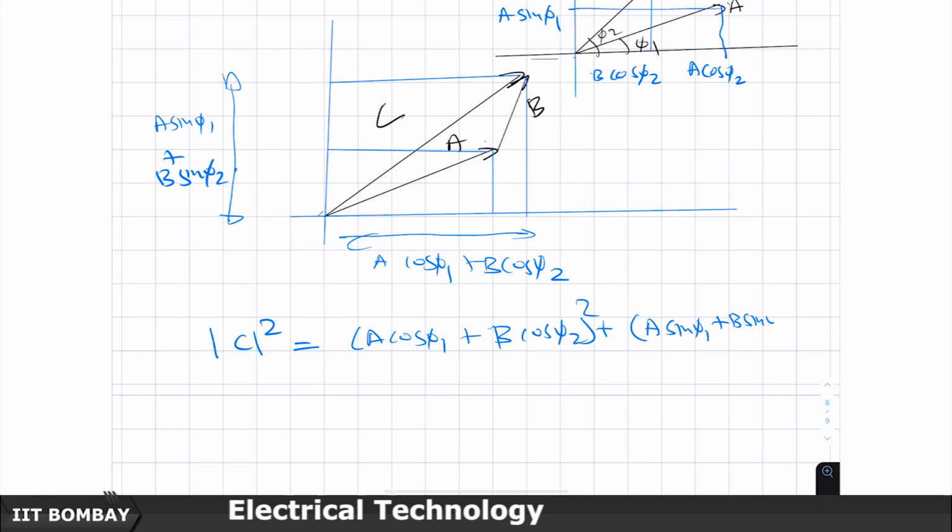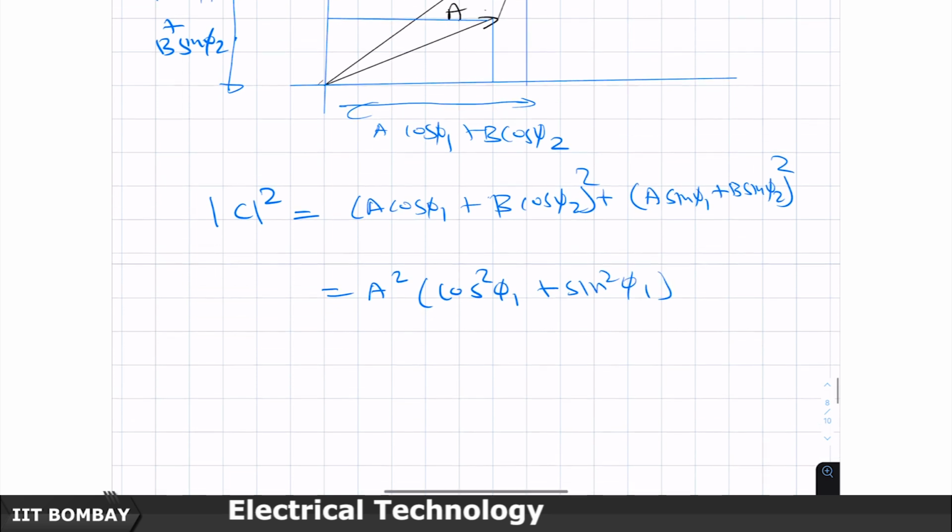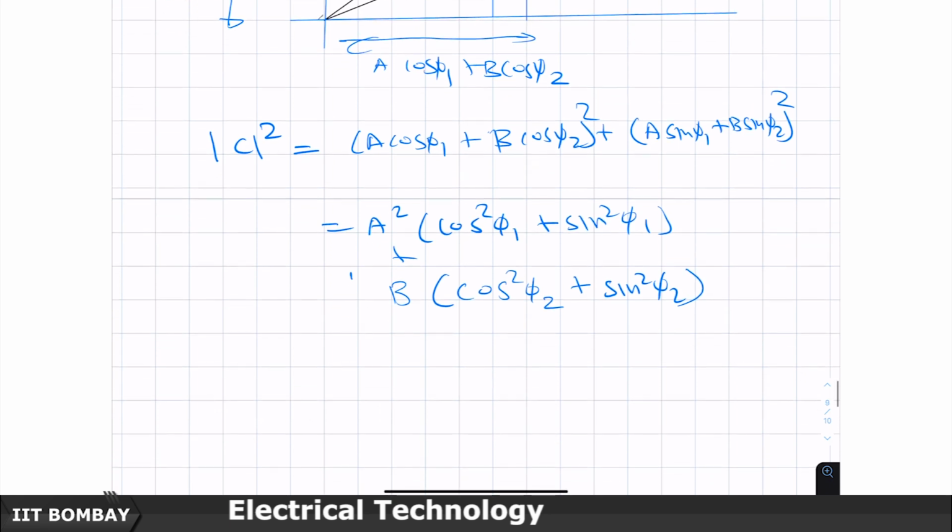plus B sin phi 2 whole square, and this can be written as A square cos square phi 1 plus A square sin square phi 1 plus B square cos square phi 2 plus B square sin square phi 2.